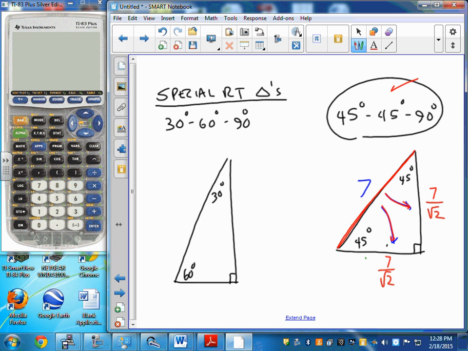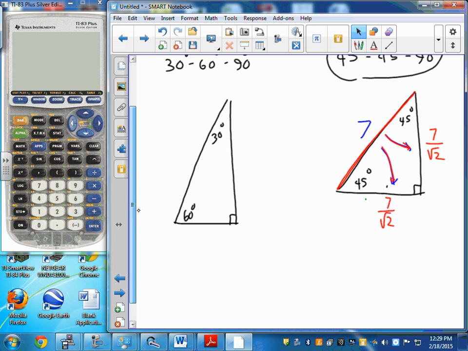30, 60, 90s are a little bit more interesting, but again, we have sort of the same idea. If I give you the hypotenuse, let's say I told you this was 8. Now, one of the things I really like with these 30, 60, 90s is if you envision, you sort of have to use your imagination here, an equilateral triangle. Now, you know that an equilateral triangle would have 3 60-degree angles. There would be one in this corner, one in this corner, and one up here at the top.